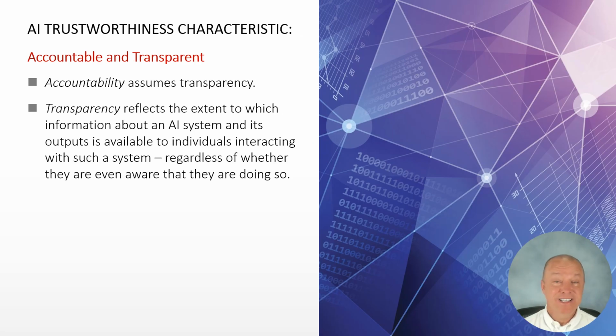Our next desired trustworthiness characteristic is accountable and transparent. Accountability assumes transparency. Transparency reflects the extent to which information about an AI system and its outputs is available to individuals interacting with that system, regardless of whether they are even aware that they are doing so.